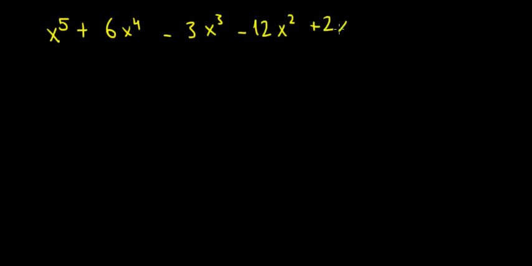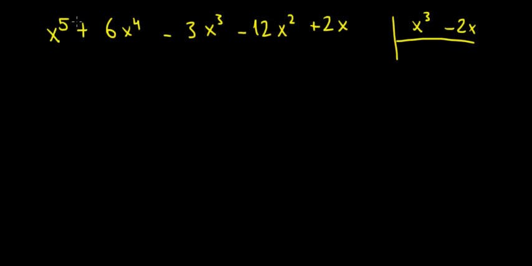Let's start. We have x to the power of 5 plus 6x to the power of 4 minus 3x cubed minus 12x squared plus 2x divided by x cubed minus 2x.